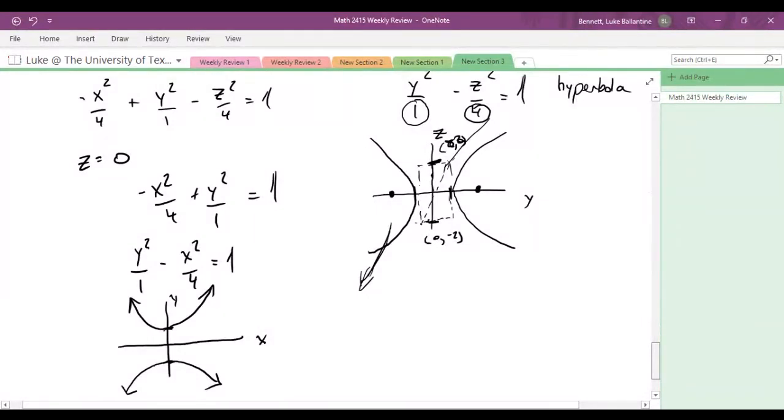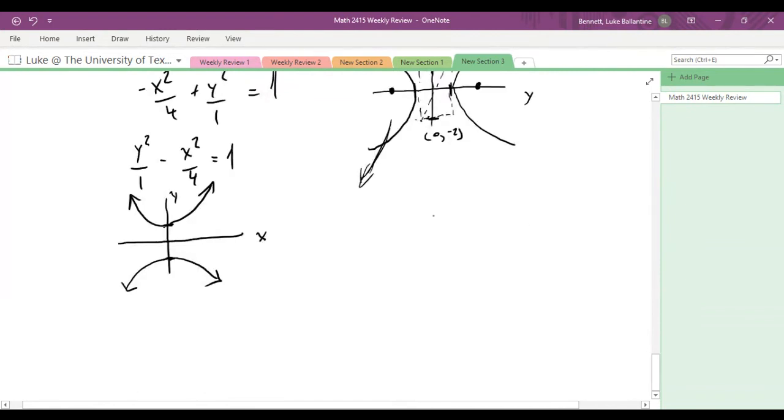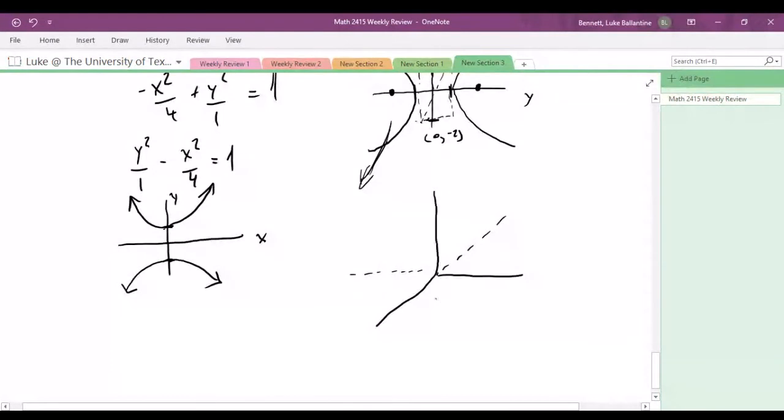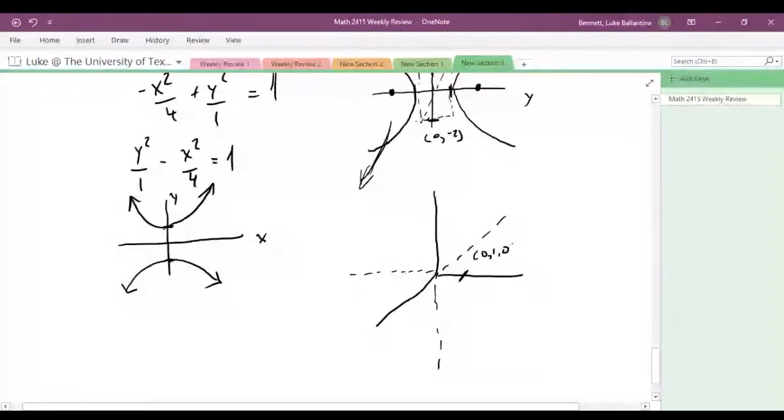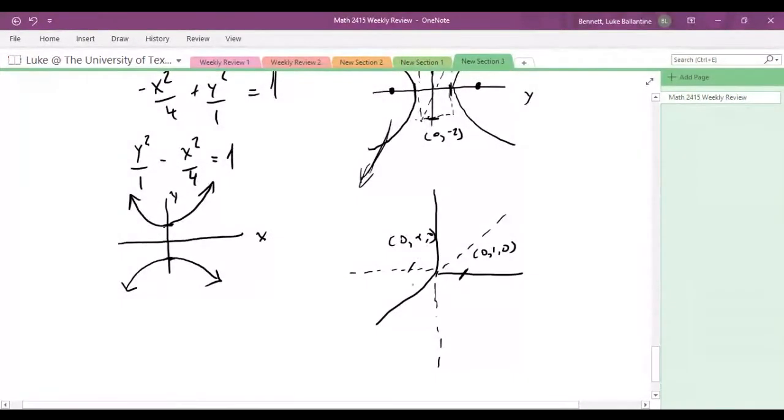And so now transferring this to 3 dimensions. Here we go. Let's see. It's a hyperboloid of 2 sheets. And we have vertices at 0, 1, 0, and 0, negative 1, 0.